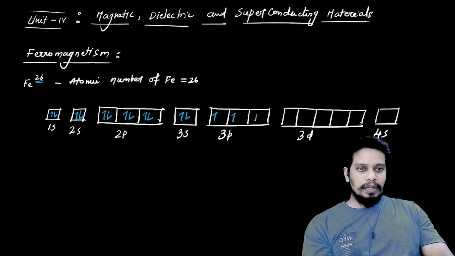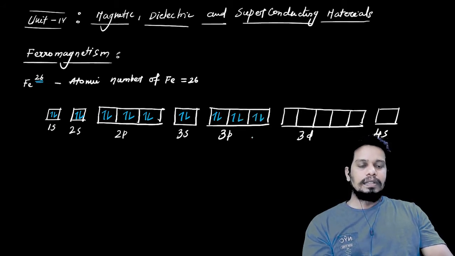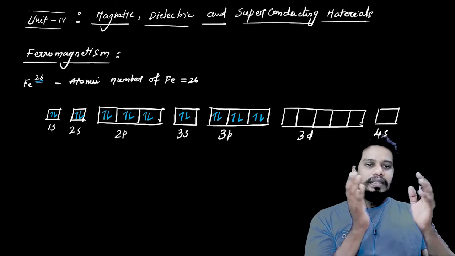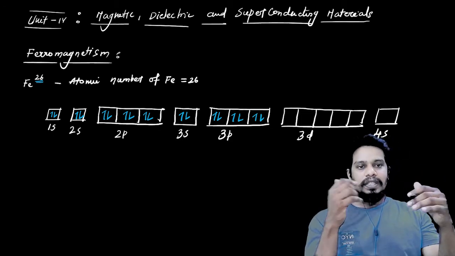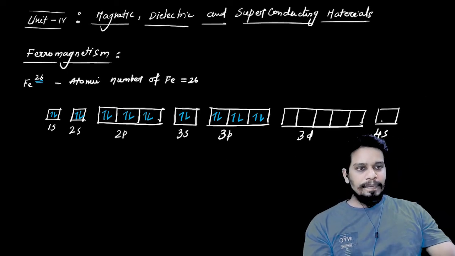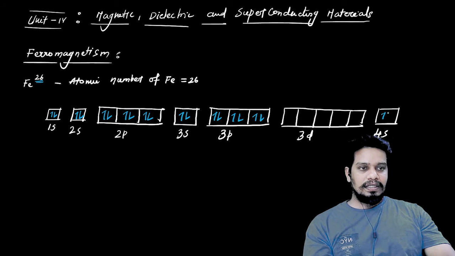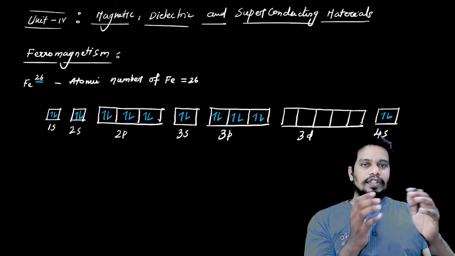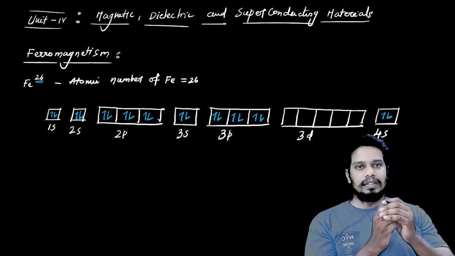Like that, 3p also. These energy levels are also filled with paired electrons, up and down spins. Then 4s, because we have to follow the Aufbau rule to fill up the electronic energy levels.